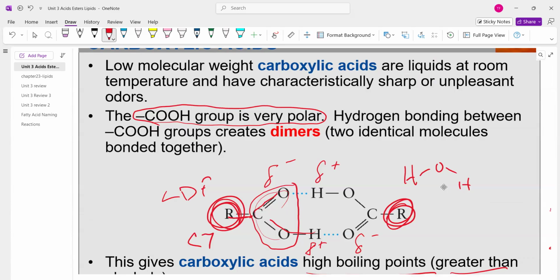They're called dimers, where the OH group of one bonds to the carbonyl group of another, because the carbonyl group has a partial positive and partial negative. And of course, the OH group is hydrogen bonding, so the positive on the hydrogen bonding is very strong. The symmetry of the acid group is such that they can easily hook up together.